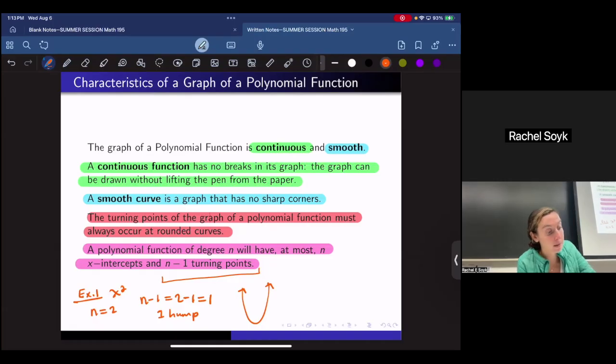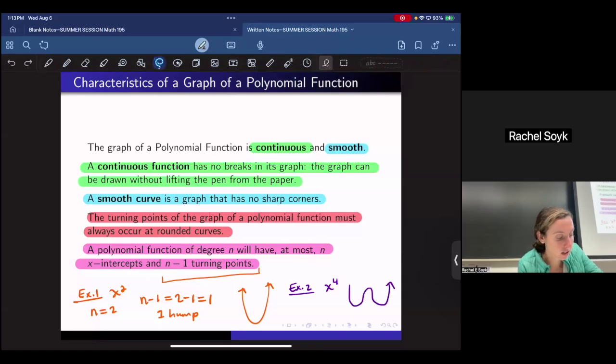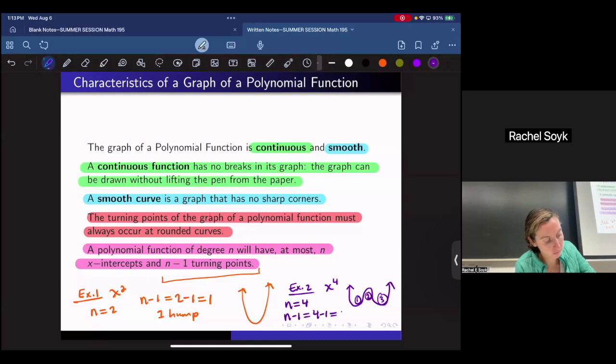But if you were dealing with maybe a quartic function, say x to the fourth, obviously it would have to be a variation of x to the fourth with distinct roots, you end up having 3 humps, 1, 2, 3, because your n is 4. And so n minus 1 is 4 minus 1, which gives you 3. So the number of turning points is equal to the number of humps being represented.